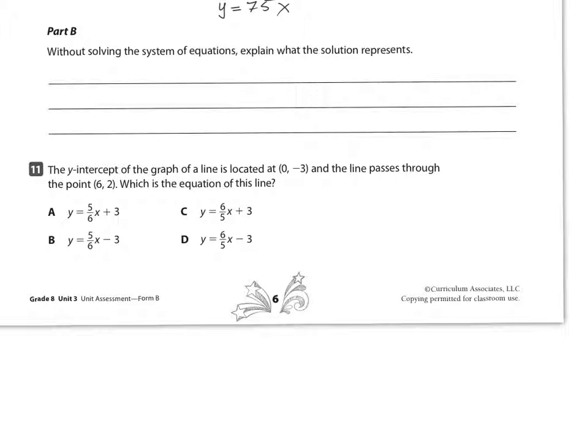For number 11, it says the y-intercept of a graph of a line is located at (0, -3), and the line passes through the point (6, 2). Which is the equation of this line? So now, you know that whenever you have the point (0, b), b represents the y-intercept. So the only thing you need to do is check which one doesn't have -3 as the y-intercept.